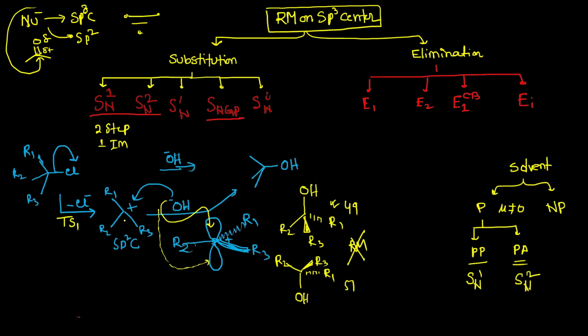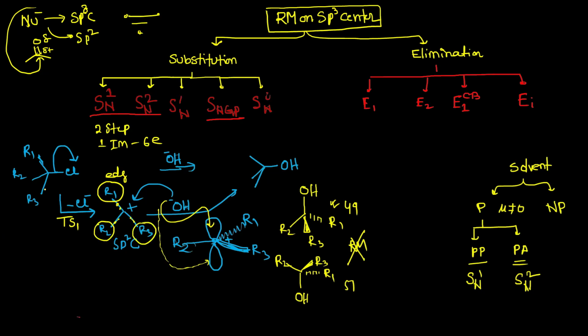And in the carbocation, we know it has 2 electrons on each of 3 bonds, that means 6 electrons, a 6-electron species. Six electrons means it is electron deficient, so it will be stabilized by electron donating groups. So the more electron donating groups I get here, the more stable the carbocation is, right?